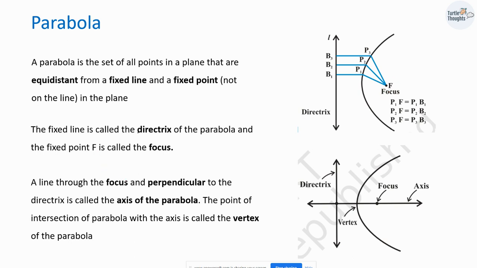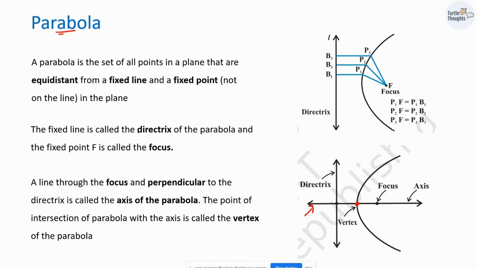The line through the focus and perpendicular to the directrix is called the axis of the parabola. The point of intersection of the parabola with the axis is called the vertex of the parabola. So these are the points that you have to remember about a parabola.